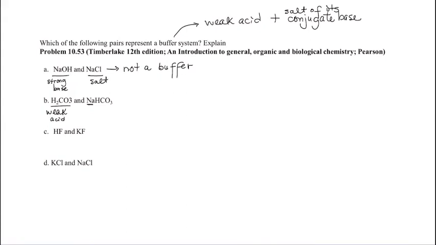The next one, HCO3 minus. If I separate this into ions, this is Na plus, HCO3 negative. Remember, salt of conjugate base. If this is HCO3 minus, is it the conjugate base of carbonic acid, yes or no?